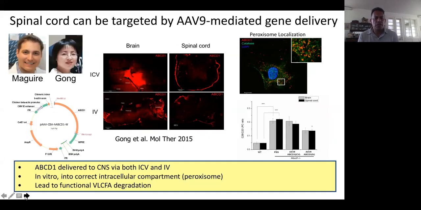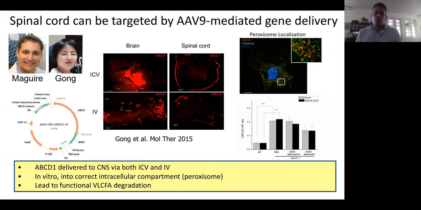So because SMA was so successfully treated by AAVs, we decided to employ a similar approach for AMN, and we packaged the gene ABCD1 into an AAV. We were able to show that we could, in cell culture, successfully deliver this therapeutic gene to brain cells and get them to go to that particular compartment of the cell that I talked about earlier, namely the peroxisome.